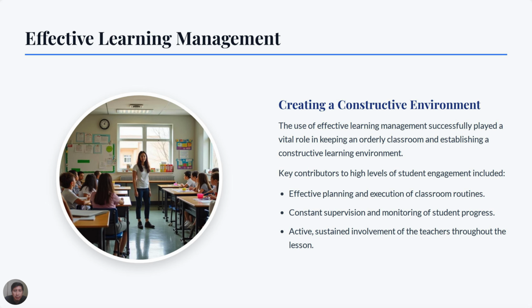It means the effective planning of classroom routines, like knowing what to do when entering, how to ask to speak, and the constant supervision, and above all, the active involvement of the teacher contributes directly to the students' level of attention. An orderly classroom is not a silent classroom, but rather a classroom where students know what is expected of them and feel safe to participate.